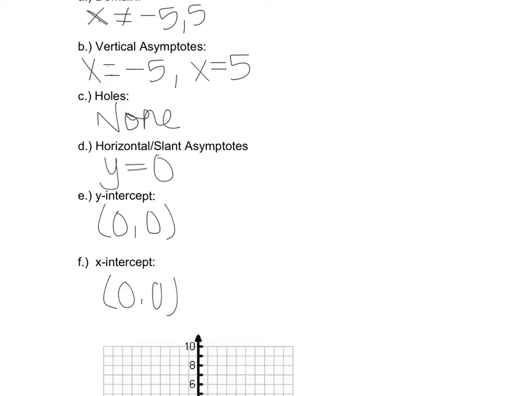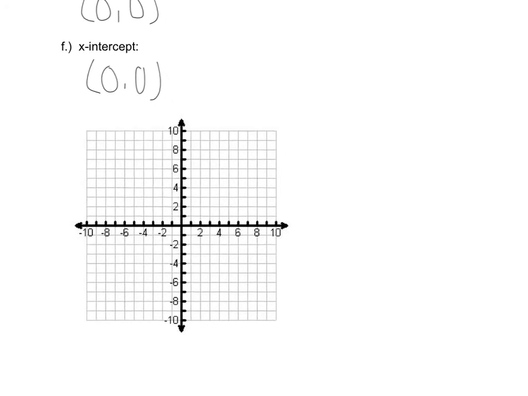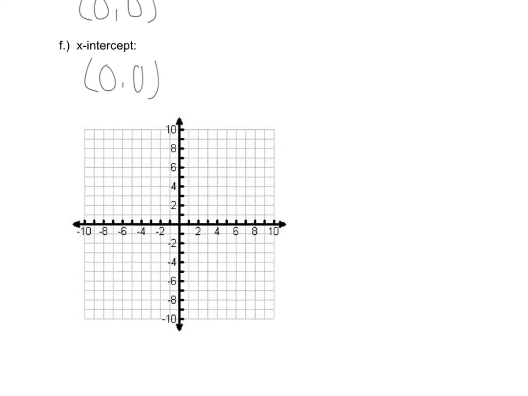So we have our vertical asymptotes through -5 and 5. And we have a horizontal asymptote of y equals 0.